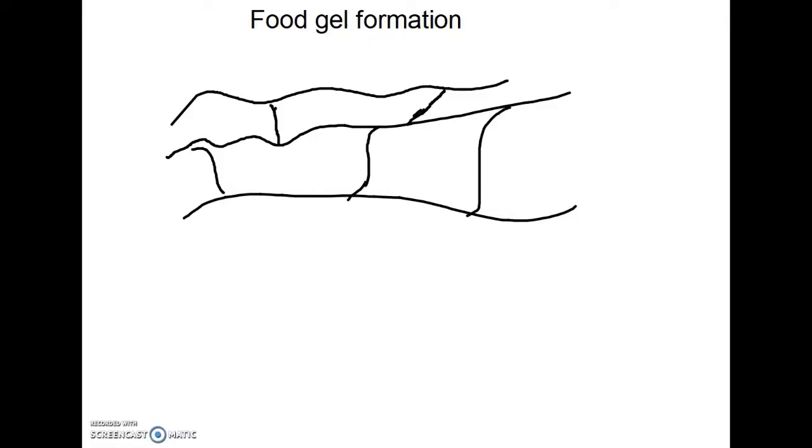We have here the polymer chains, which are close to each other and connected by crosslinks, and we also have water molecules inside these holes. Here we have formation of gel.